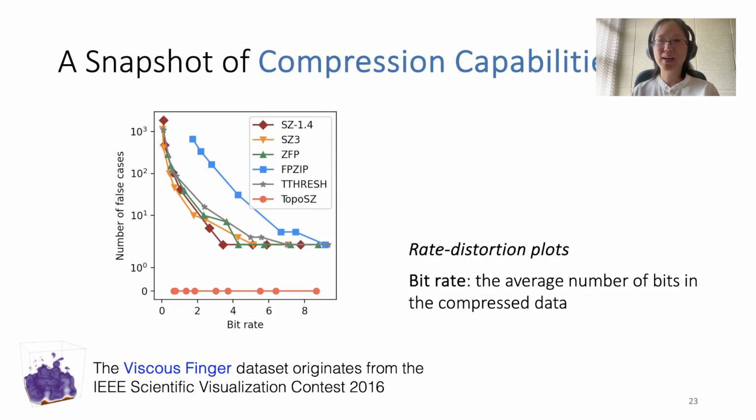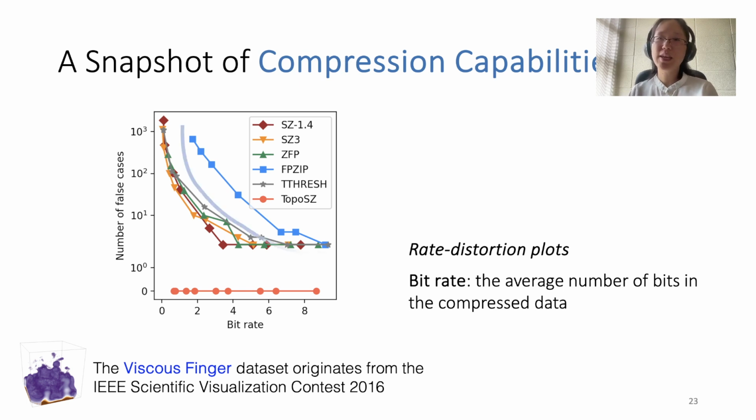Now, let's compare TopoSZ against other state-of-the-art lossy compressors that do not focus on topology preservation. This slide shows the rate distortion plot using the number of topological false cases as the distortion metric. Rate distortion is a widely used assessment metric in the compression community, where rate represents the average number of bits in the compressed data.